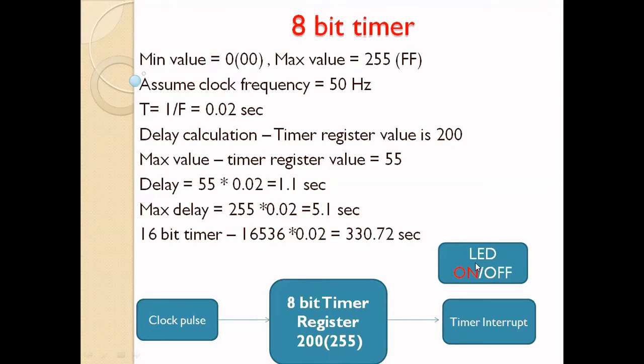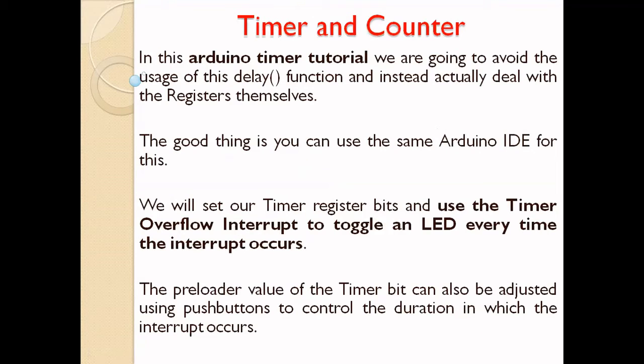We have already studied the LED blinking program. There we used a delay, delay inside the bracket 1000, so 1 millisecond. But here, by using the timer register, we are generating the delay. I have already explained the difference between timer and counter. So here, instead of the delay function, we are using the timer register.